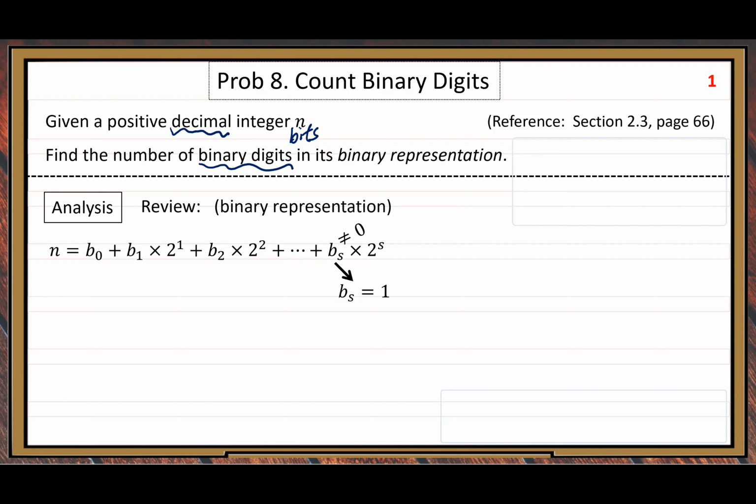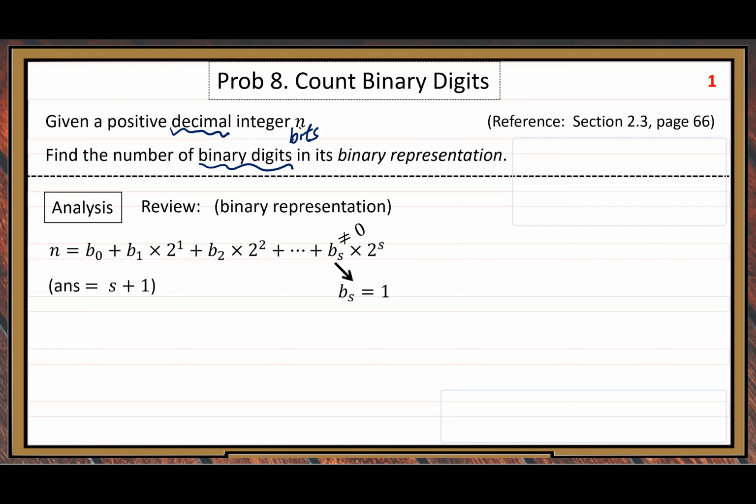So that means V sub s must be 1. If it cannot be 0, it can only be 1. All right. Now let us look at the answer in this representation. We can immediately get our answer expression, that is s plus 1.